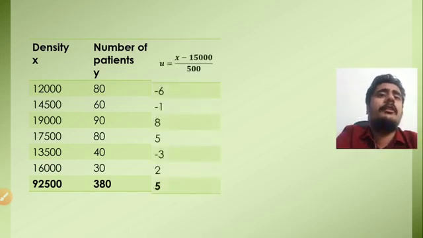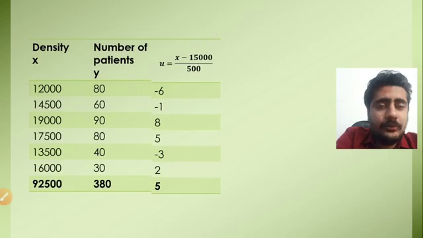First of all we will find u, and as I told you, how we will find u: we will subtract some number and divide by some number. Let's take an example from the first, when x is 12,000.